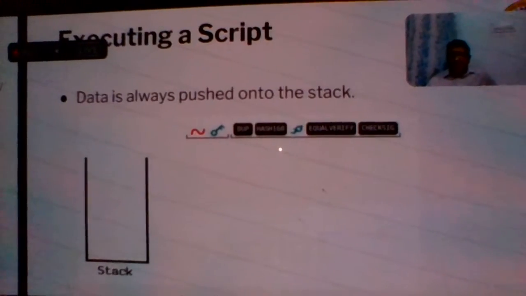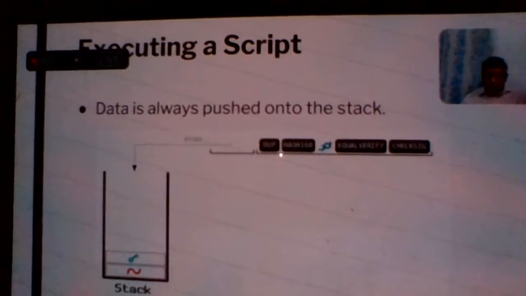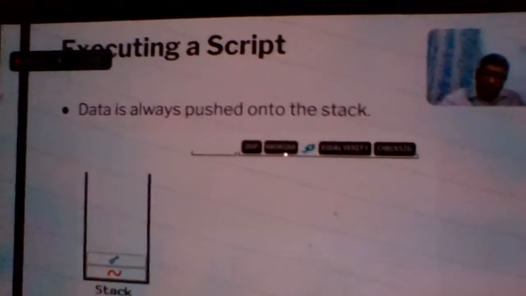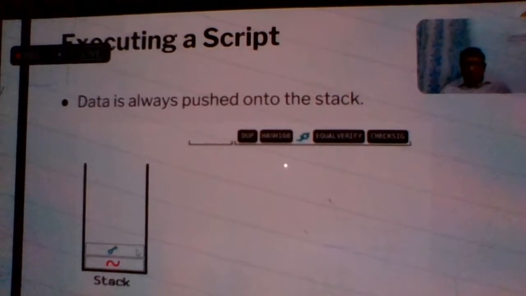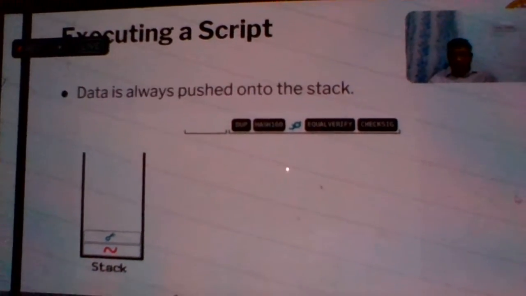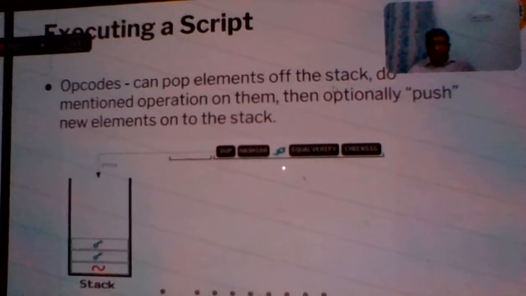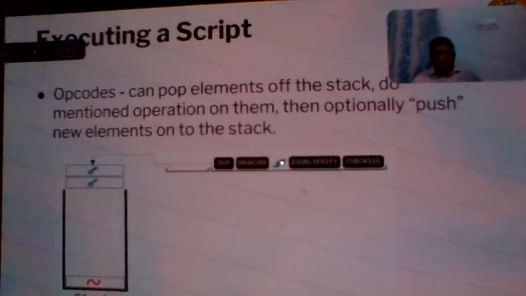Let us see an example. Data is always pushed onto the stack. So this is the data part. And the opcodes can pop the elements off the stack. As I told you, the scripting is a stack-based language.